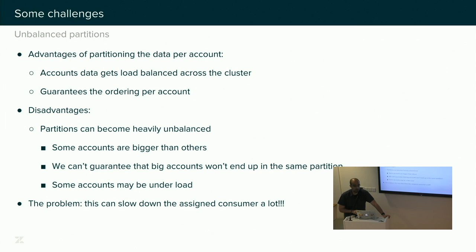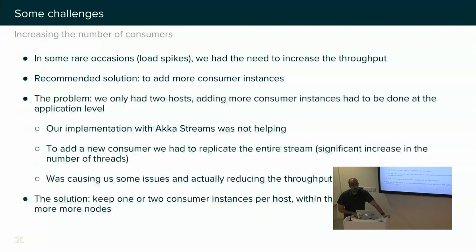Yeah, so I already tackled all these points. Okay, so other challenges that we had, and I just talked about them, was increasing the number of consumers. In some occasions, as I mentioned, we had the need to increase the throughput. The recommended solution in Kafka is to add more consumer instances.